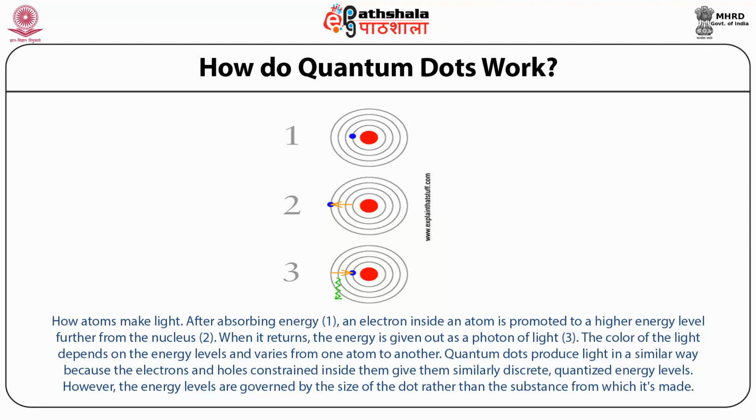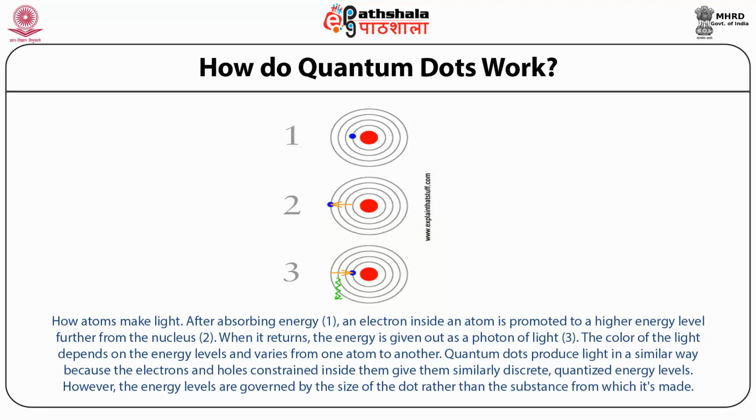When it returns, the energy is given out as a photon of energy, which is shown in the third figure. The color of the light depends on the energy levels and varies from one atom to another.